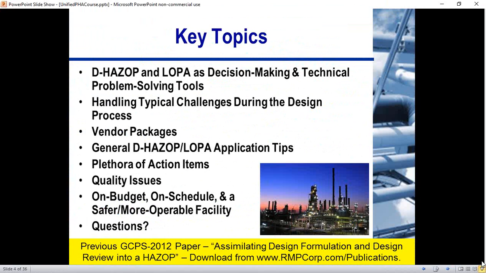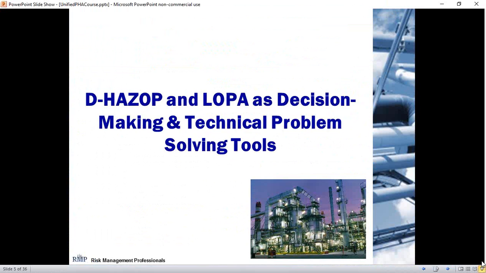General application tips, and what do you do about action items? A lot of times during the design phase, you have too many action items. I'll go over the reasons for that and how you handle that, and of course quality issues, and then how you infuse this in the overall project management framework. And also on that screen and on the slides that were passed out are links to where you can find our publications.